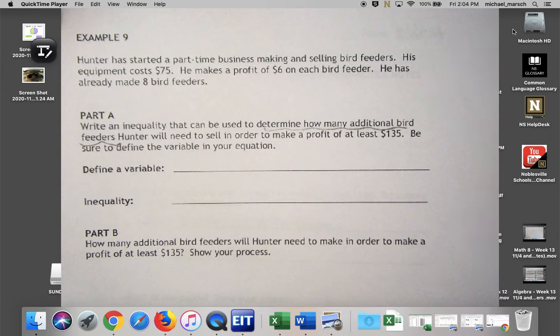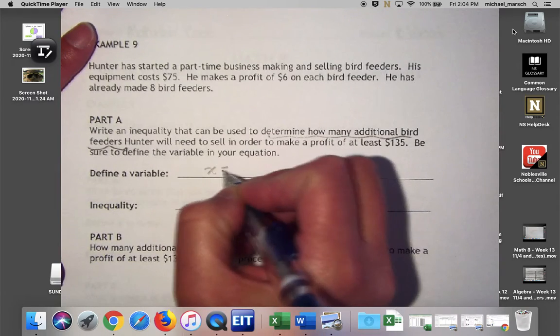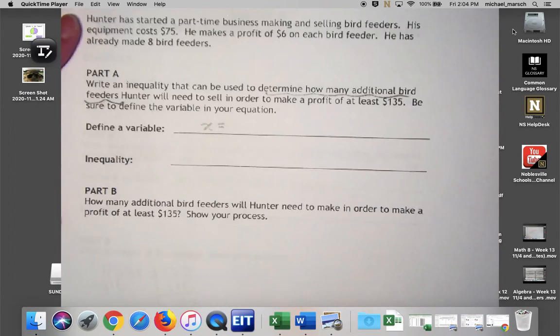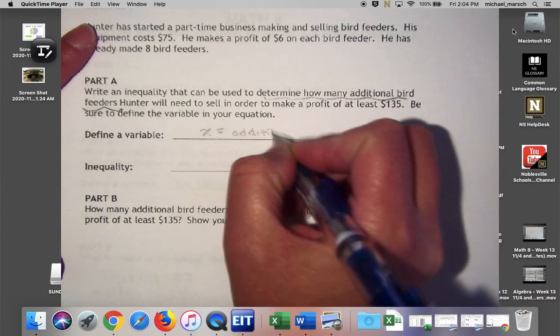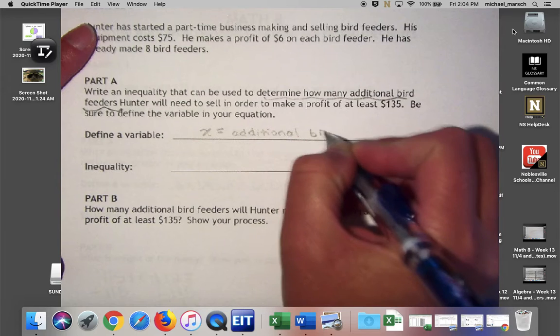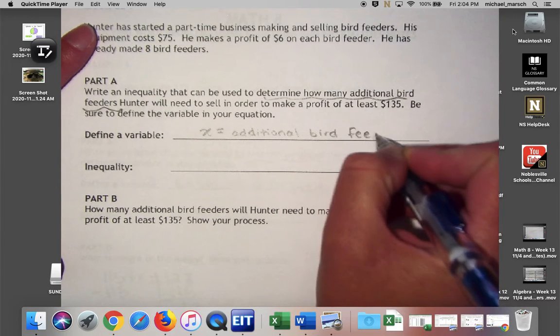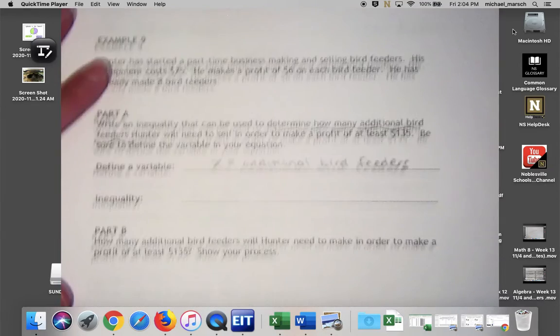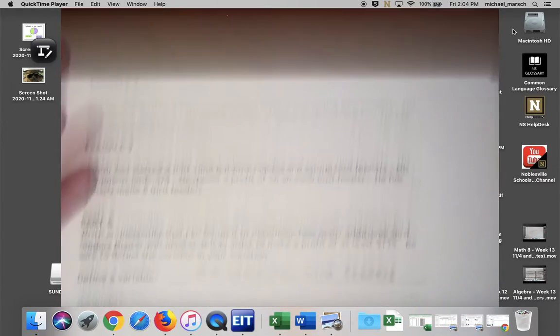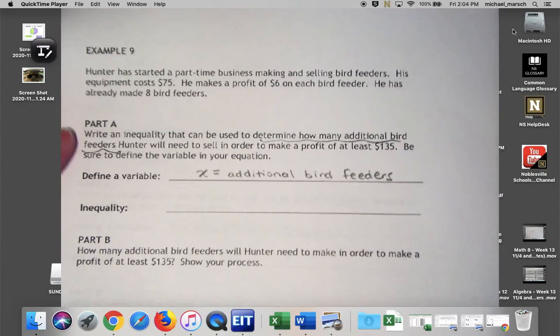Be sure to define your variable. So what is the X going to represent in this situation? How many additional bird feeders? Yep, additional bird feeders.